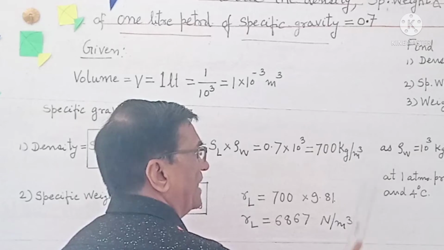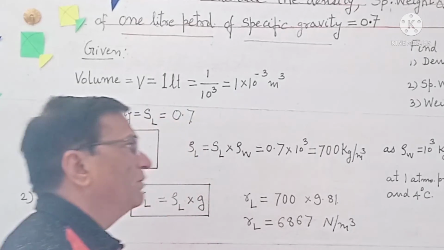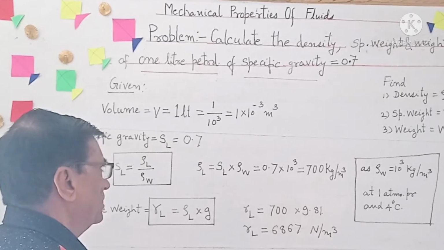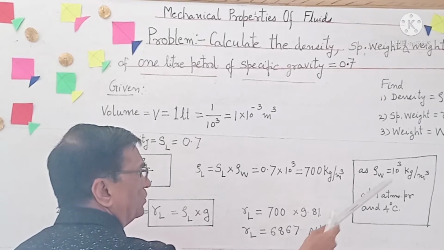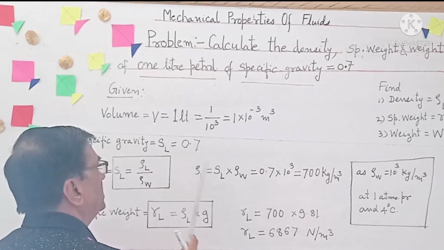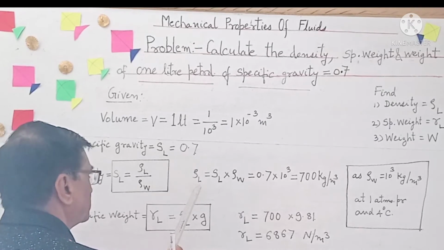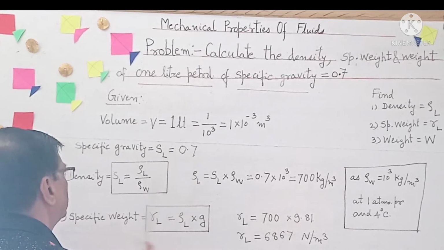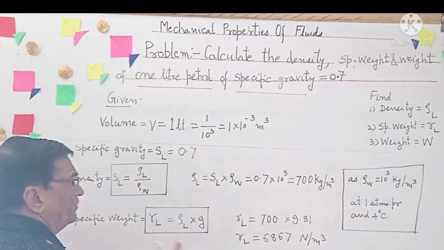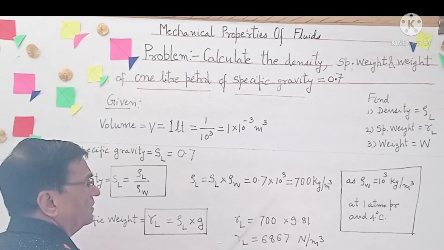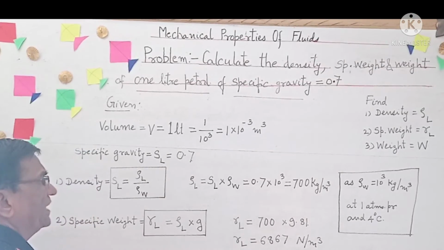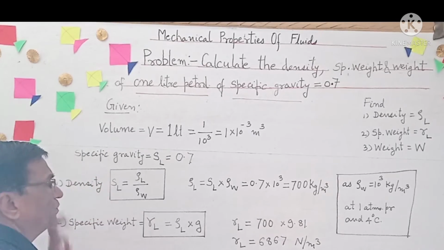That is a standard value that you have to remember. So putting the value of rho W equal to 10 raised to 3 and SL given 0.7, the rho L, that is density, comes out to be 700 kg per meter cube.